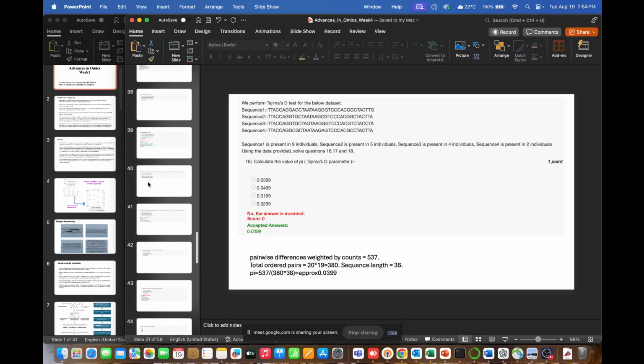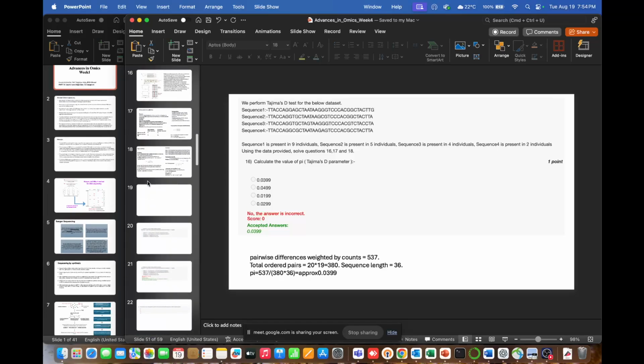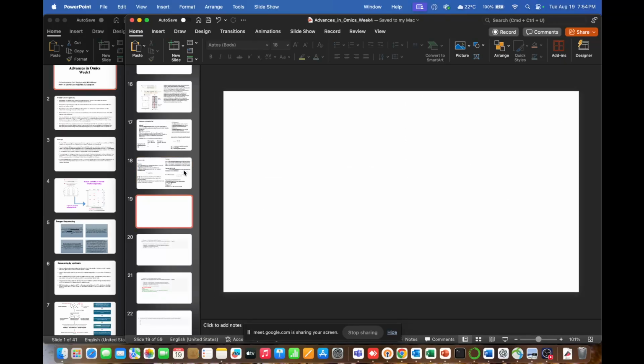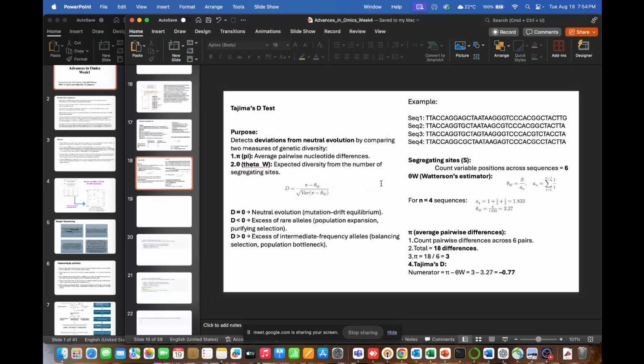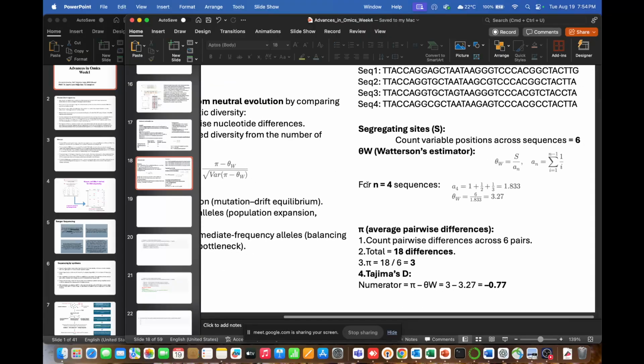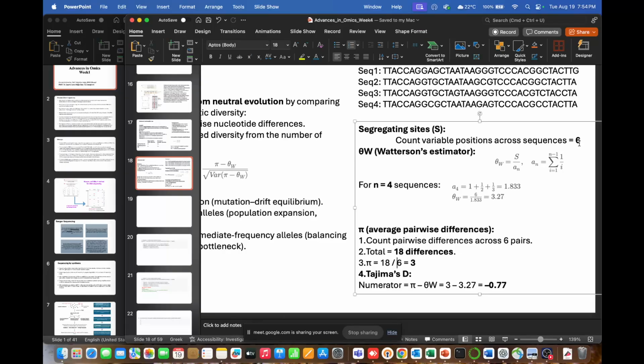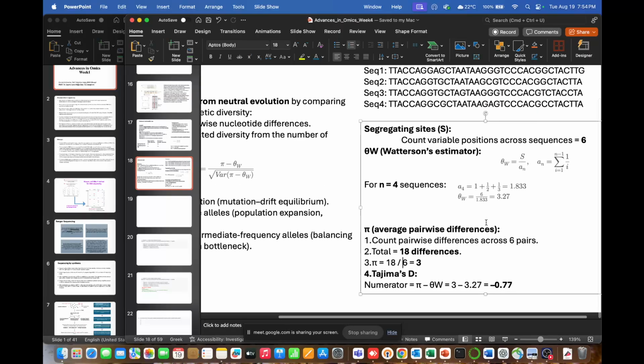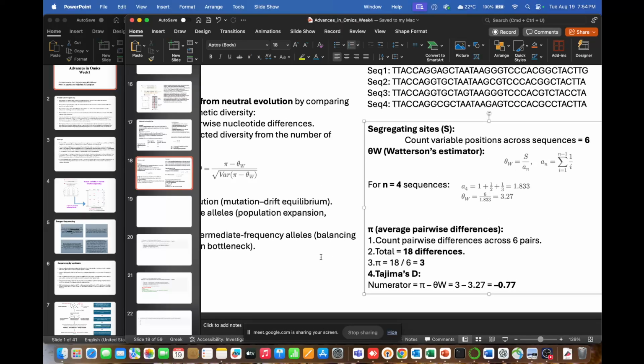So I'll quickly go back to the formula here. The pi was the total number of differences divided by the number of positions, as in how many positions in the genome there are differences, and the numerator will be the total number of differences.